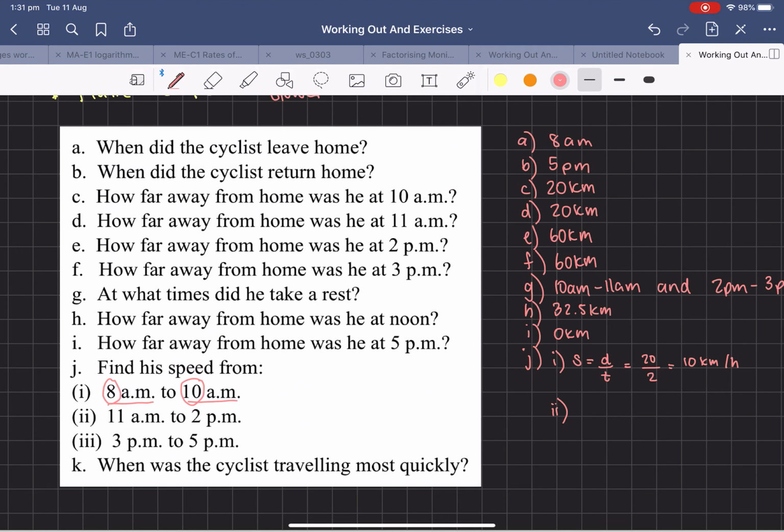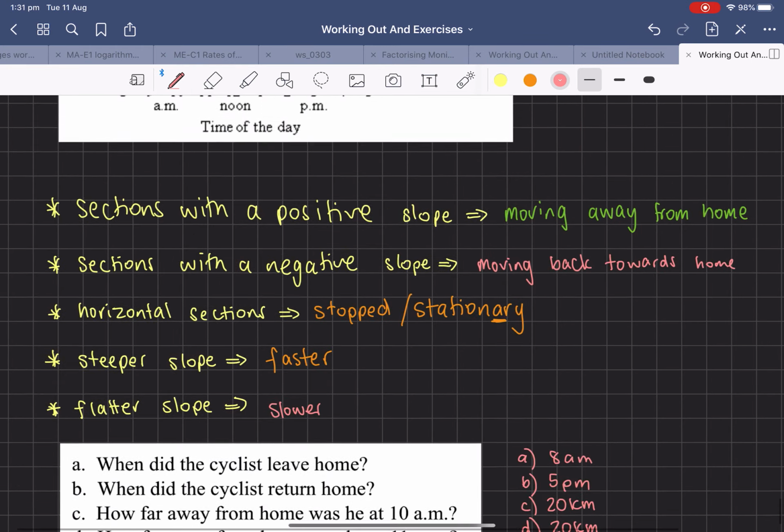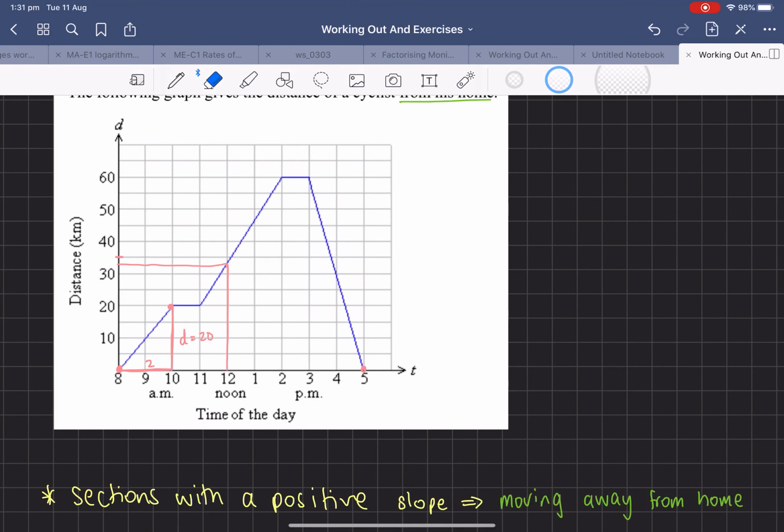Part 2. From 11 a.m. to 2 p.m. So let's have a look. Just clear all of this so we can see a bit clearer. All right. What I need to work out is what distance did he travel. Now, a common mistake is for people to say he travelled 60 kilometres.